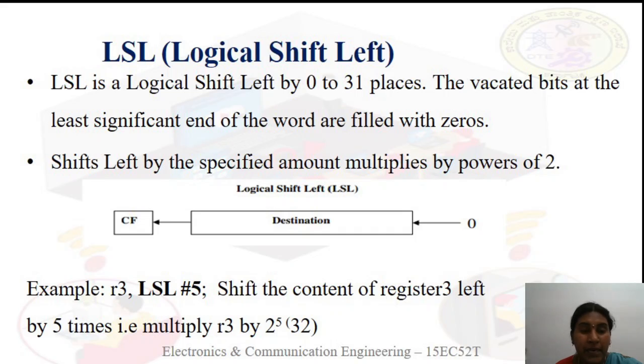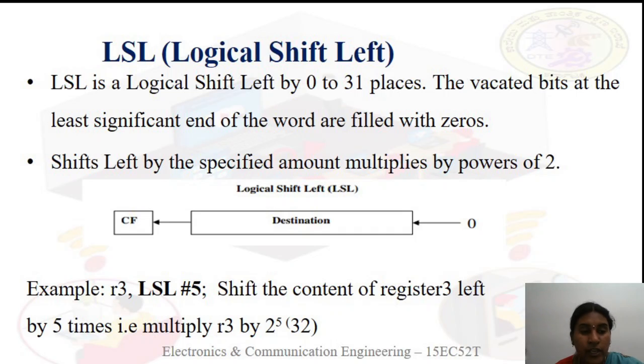It means the register content that you are going to shift is multiplied by 2 to the power of whatever amount you specified. Consider this example: R3, LSL immediate 5.